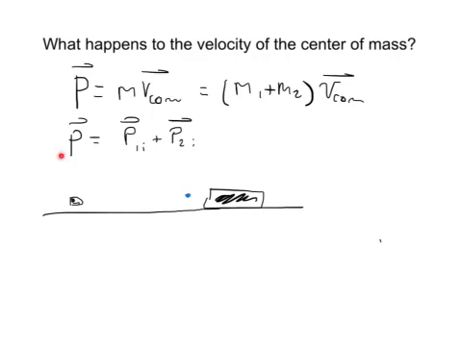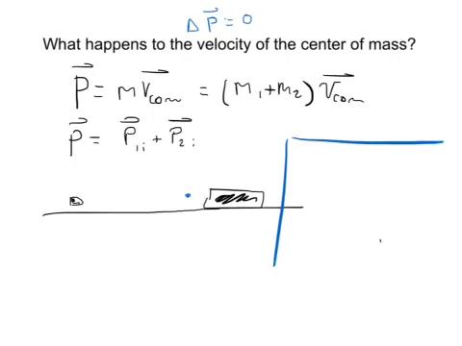What we also know is that momentum equals our initial momentum of the two objects added together. And we know that, provided that there are no external forces, the change in momentum will be zero. So the momentum will be constant.